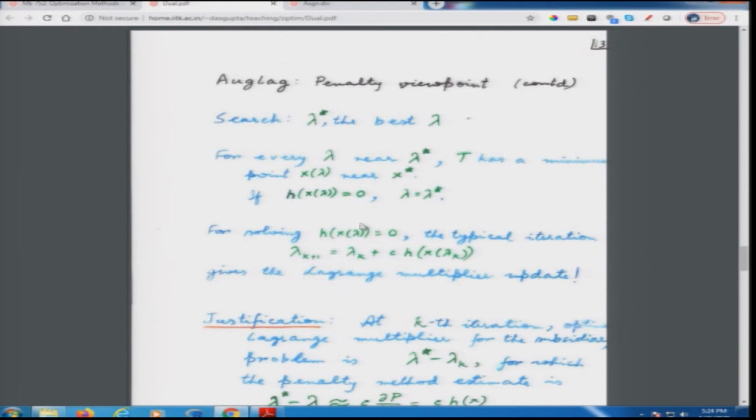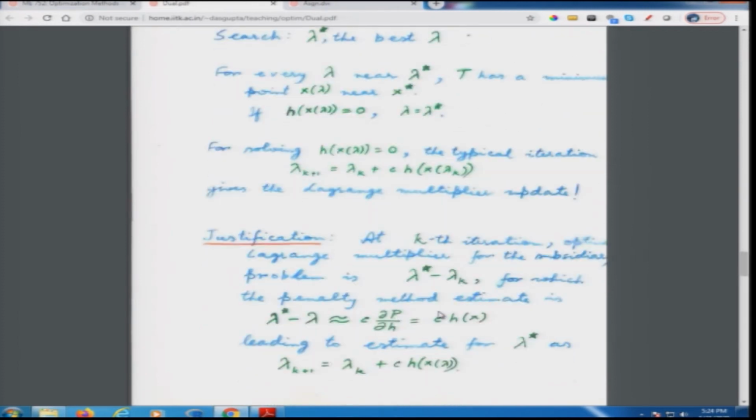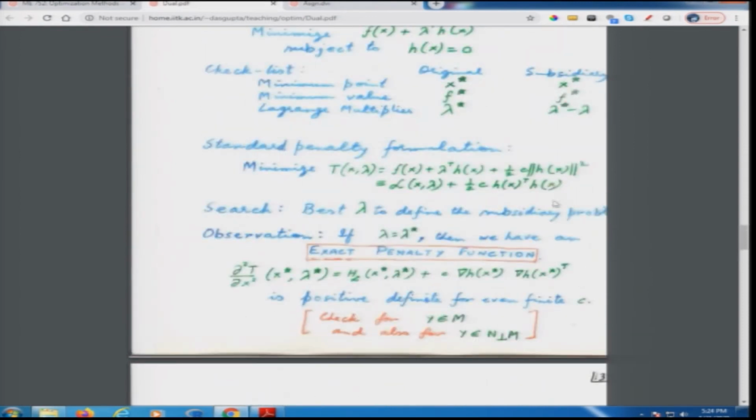Now, the justification for this iterative update formula is the following. At the kth iteration, the optimal Lagrange multiplier for the subsidiary problem is this, as we have found here.